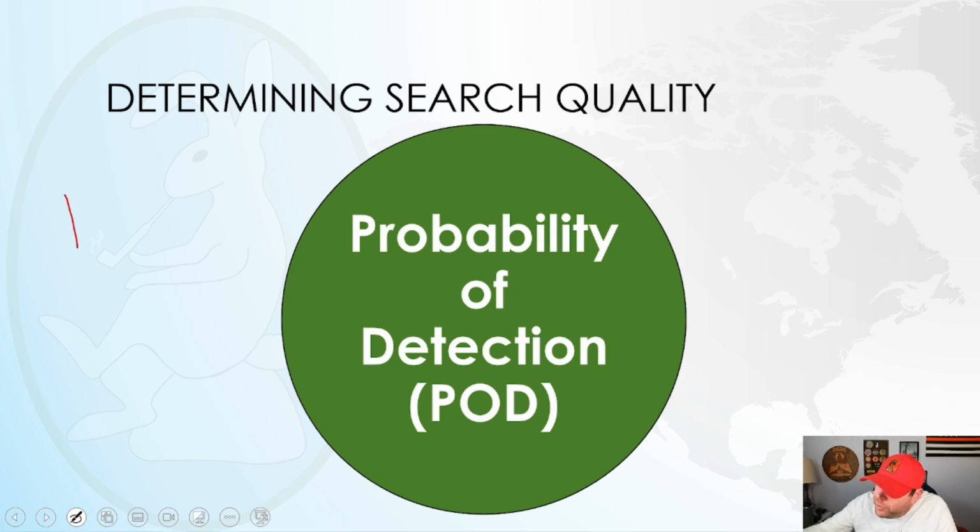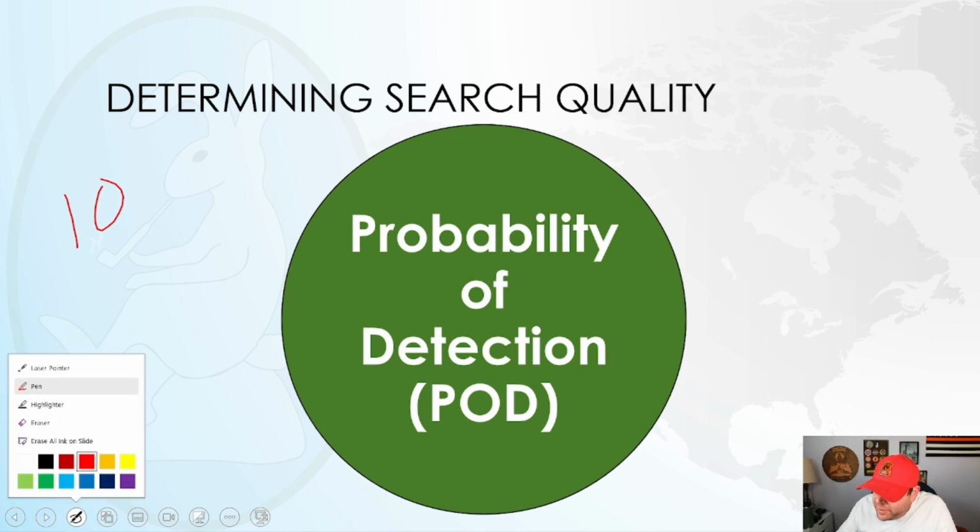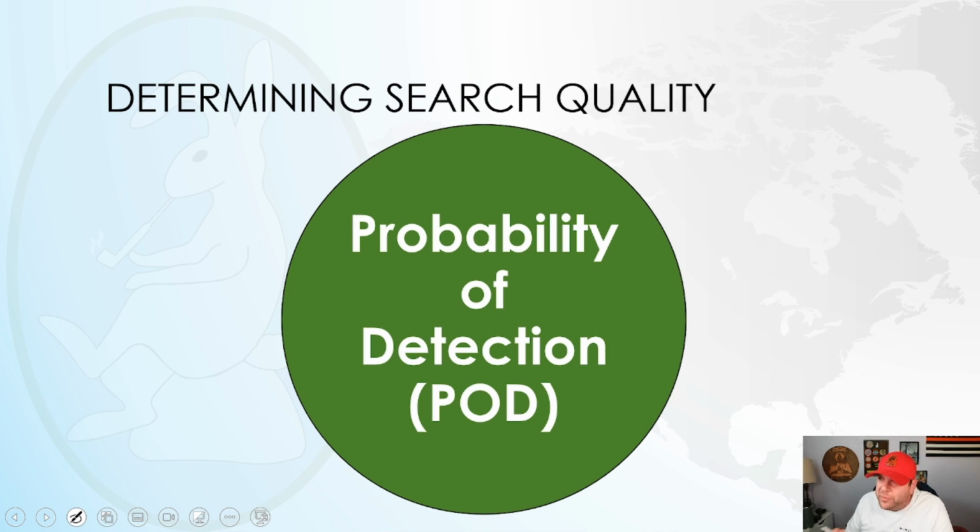If there were 10 clues out there, the size of a playing card or smaller, how many would you have found? If there were 10 victims in your search area, how many of those would you have found? Again, we want to be clear on how we express that number, that probability of detection, because it can mean something totally different if we're talking about clue versus victim.